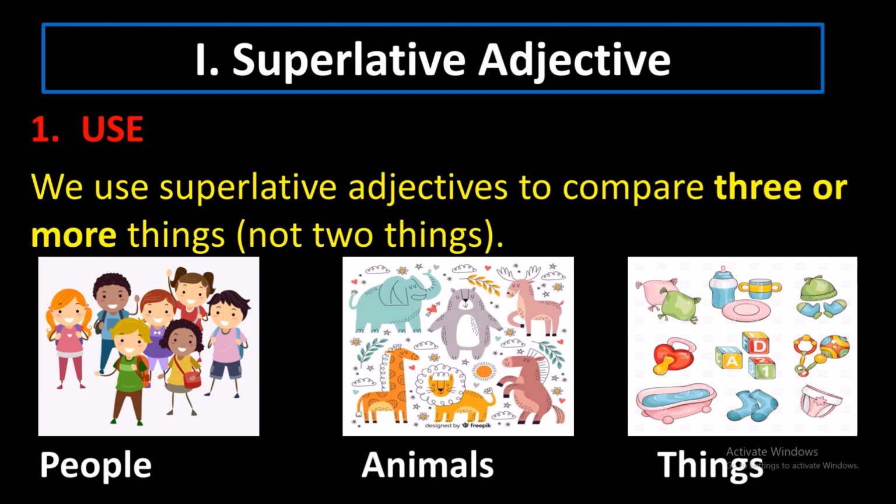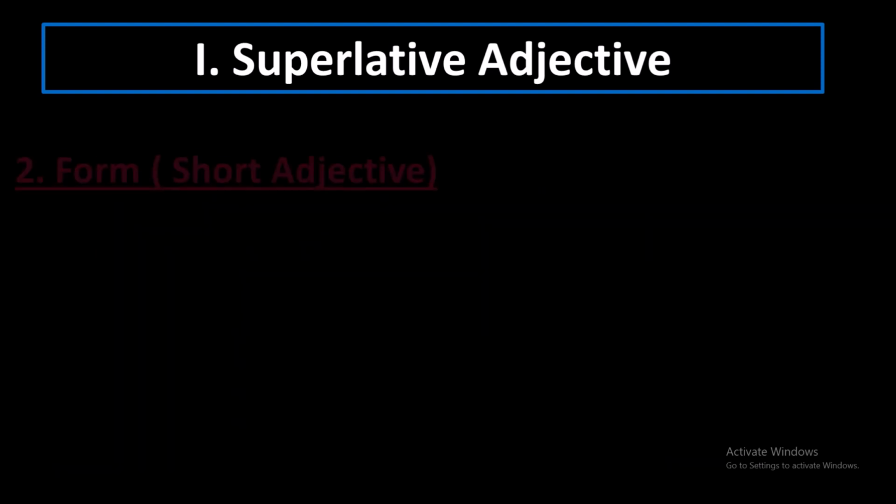We compare the same thing as with comparative adjectives, but this time it's not two people. It is about more than two, which is three, and we use it to compare animals and things, everything around us here.